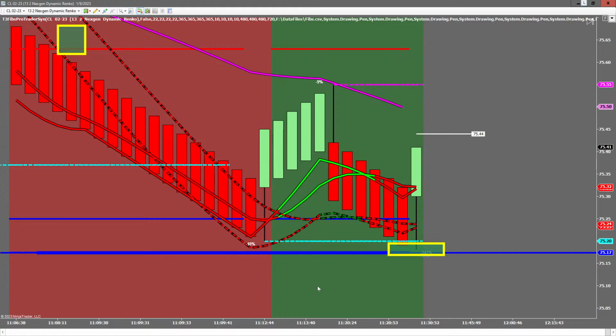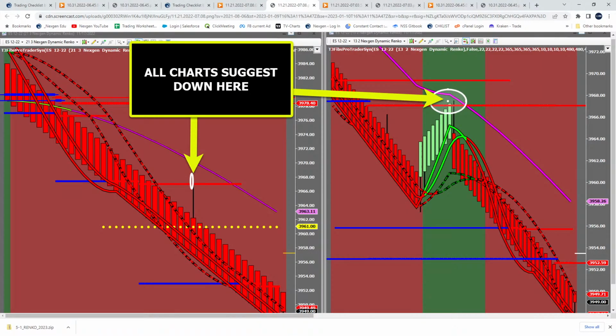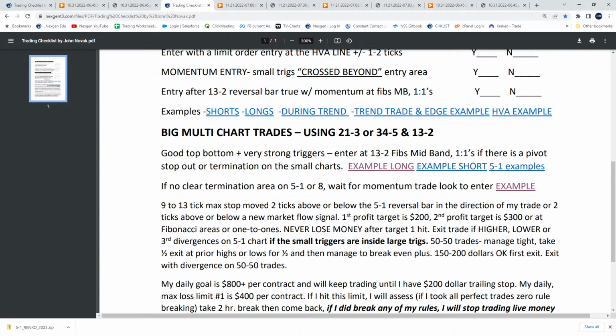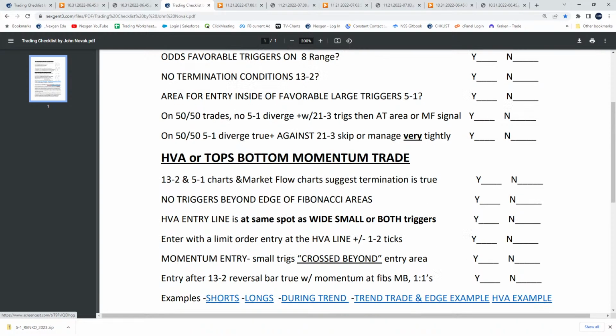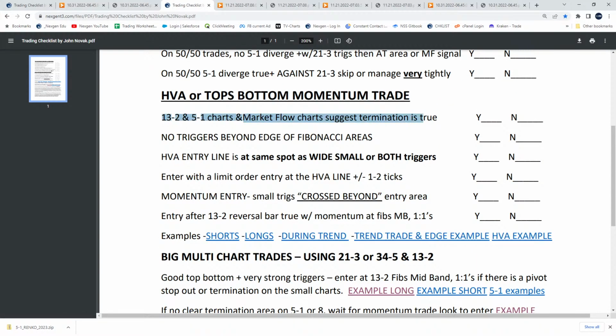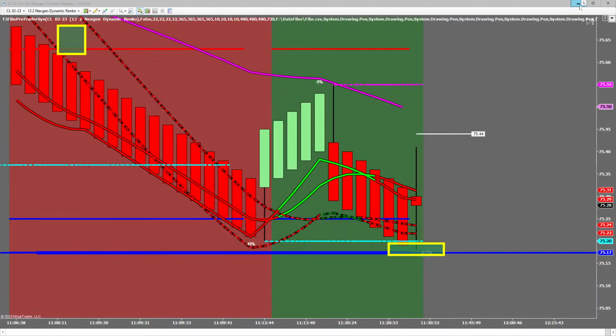So what are the rules for going long if we have a good bottom? Anybody have any rules? I have rules. If I have a good bottom, termination true on all the charts, and there's no triggers beyond the edge of fibs, I can do a momentum entry if the 13.2 reversal bars start going up and the small triggers are really strong.